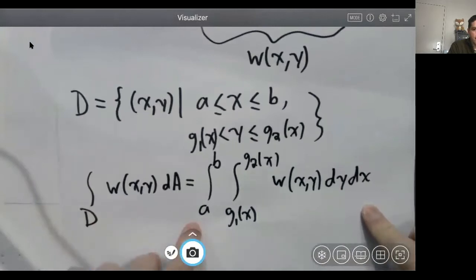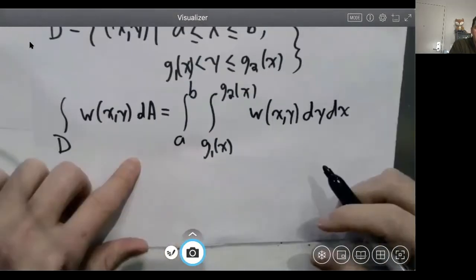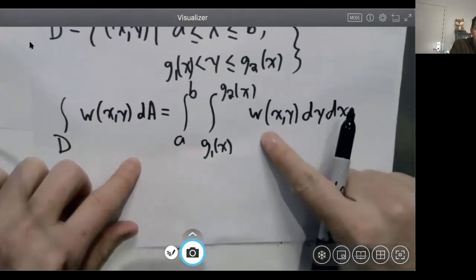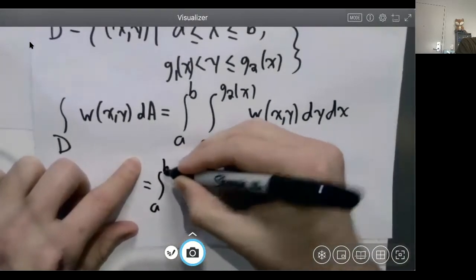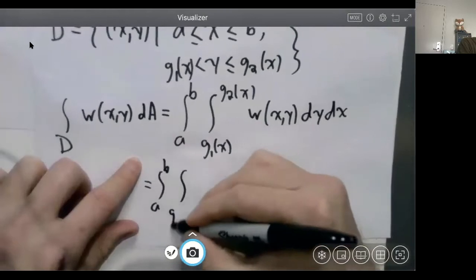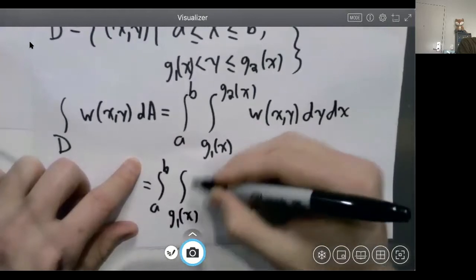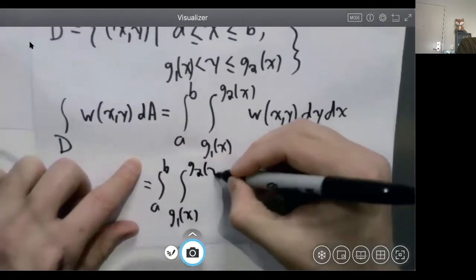This is the iterated integral that we get. So now, let's plug in the expression that we wrote down for W. This is equal to the integral from A to B of the integral from g1 of x to g2 of x.